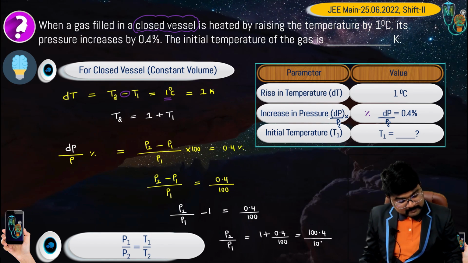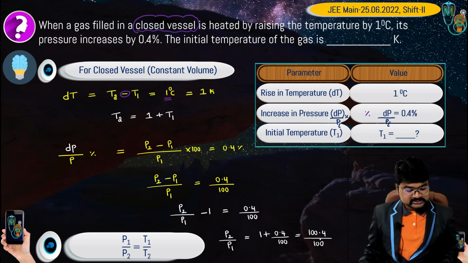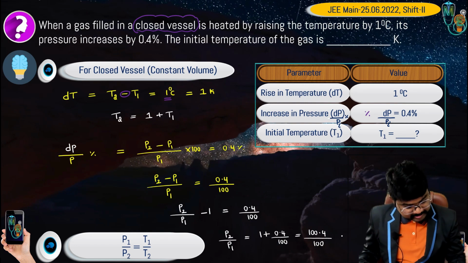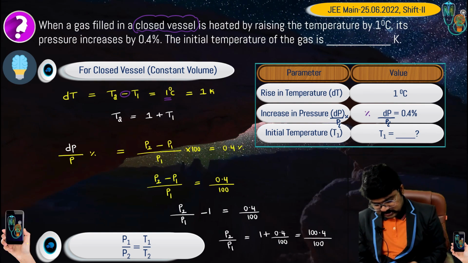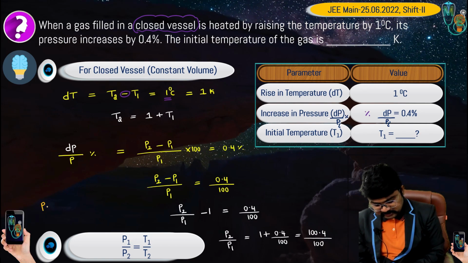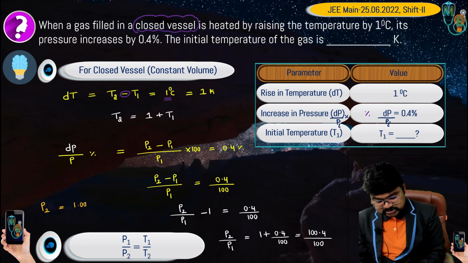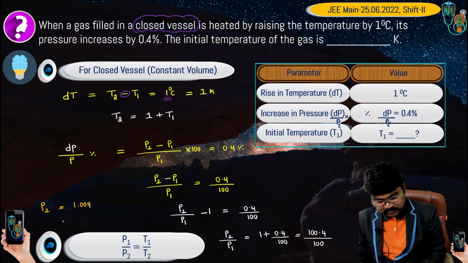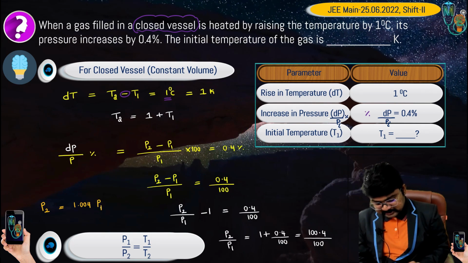So you will be getting 1.004. So finally, what is P2? P2 equals 1.004 P1.